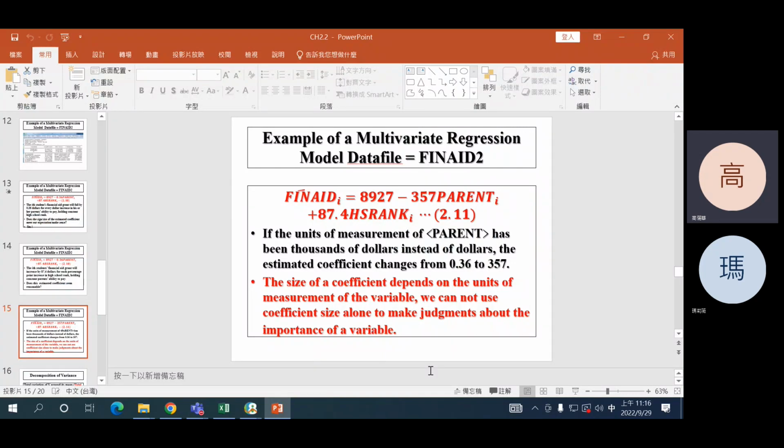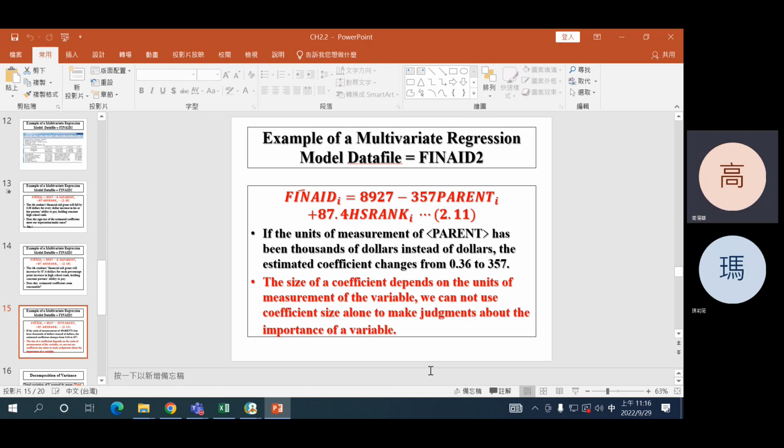So the size of the coefficient depends on the units of measurement of the variable. And we cannot use coefficient size alone to make a judgment about the importance of a variable. You are not able to use the numbers of coefficients to decide the importance of the variable, because the coefficient will change if the measurement units change.